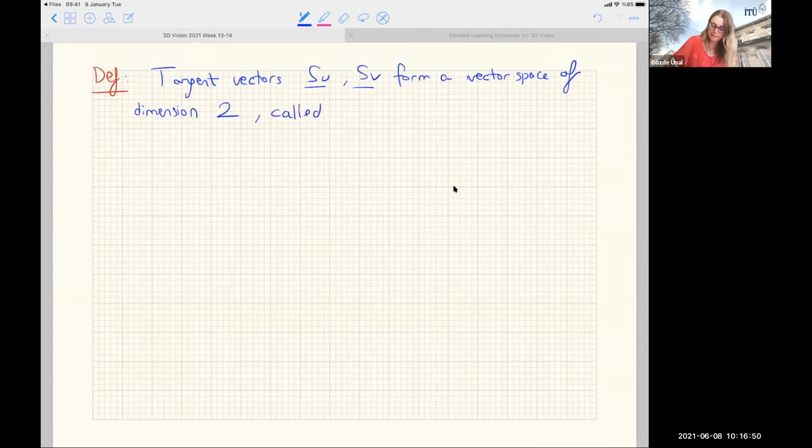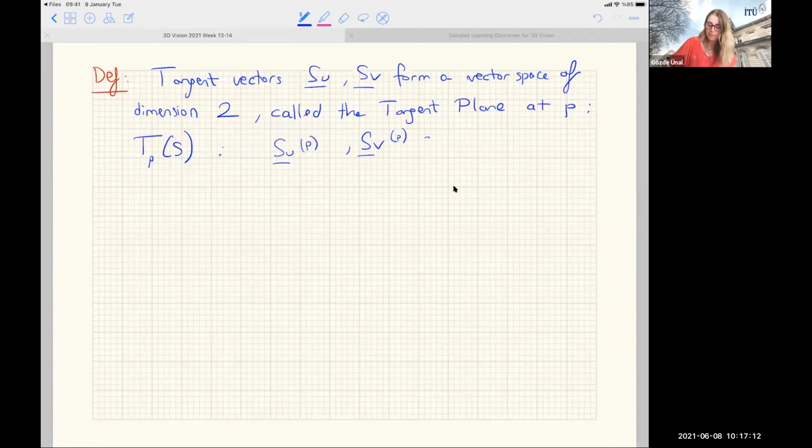It's really a plane then, right? 2D, called the tangent plane at P, and like we named it, it's T_P S. Then S_u at point P, of course, and S_v, these two vectors at point P, are basis vectors. They can really act as basis vectors of T_P S. All right, this is the tangent plane.